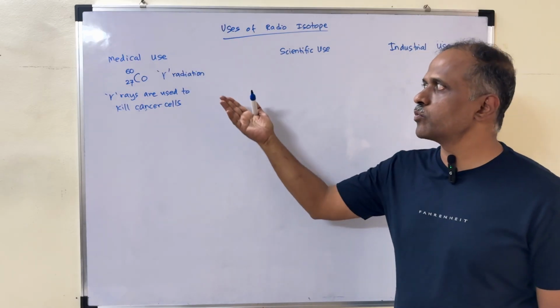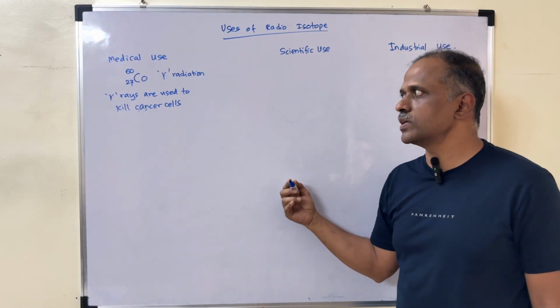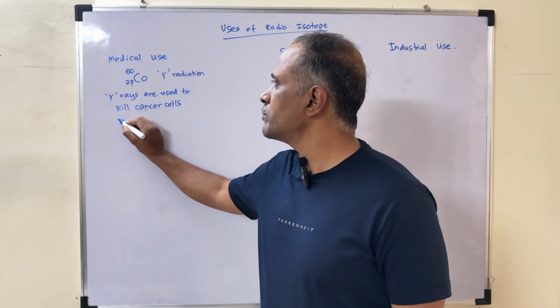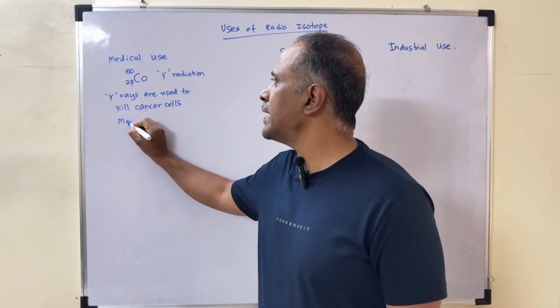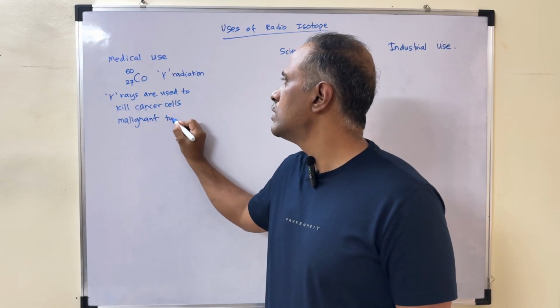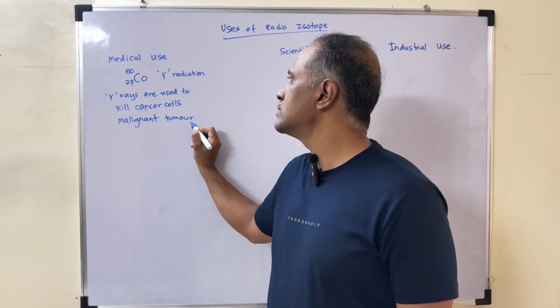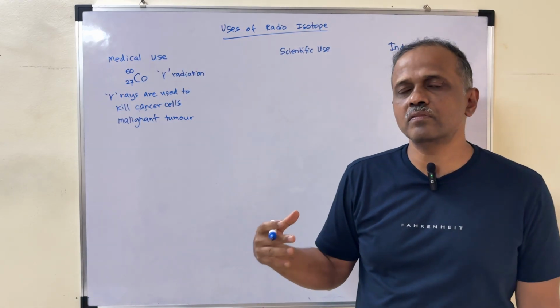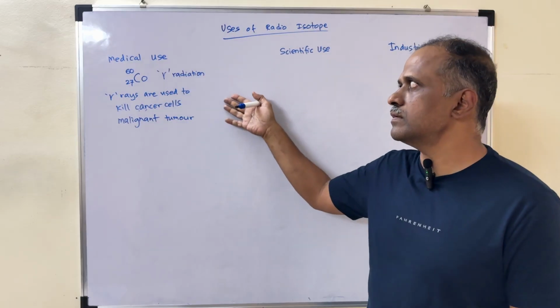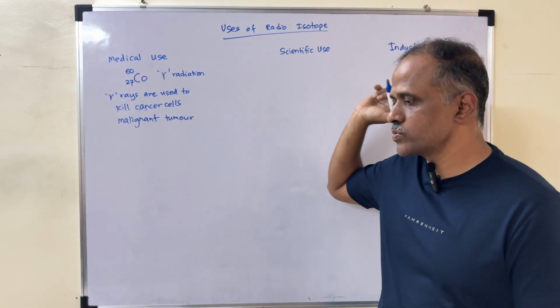The gamma radiation from cobalt 60, 27 is used to kill cancer cells. This is the first thing. It can be used to kill a malignant tumor. A tumor is an unwanted growth anywhere. So, in order to kill that, gamma rays from cobalt are used.